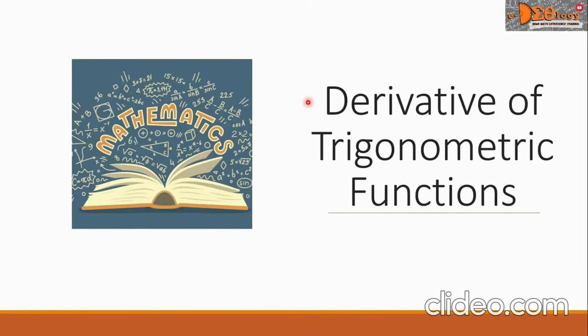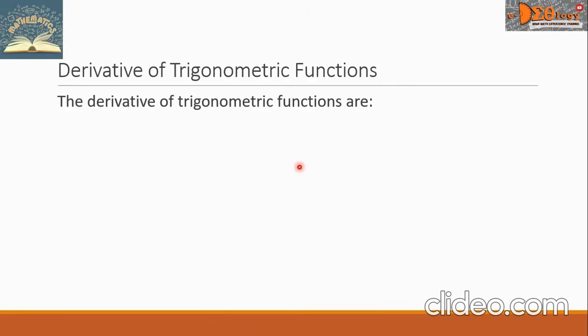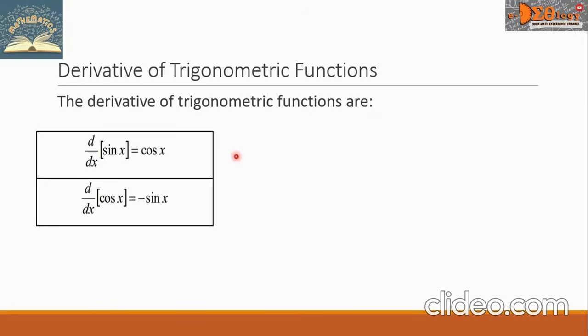Today, we're going to study derivatives of trigonometric functions. The derivatives of trigonometric functions are, we wrote the first two, d over dx of sine x is equal to cosine x.